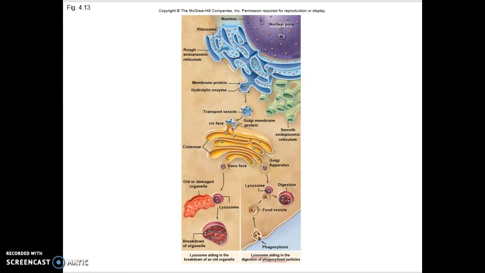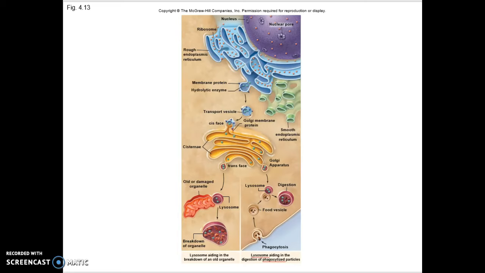So here we are again looking at the overview, but in this scenario, we have something coming into the cell that the cell doesn't like, and the lysosomes take over. They jump into the picture here, and they're attacking and trying to destroy particular products. If it's an old or damaged organelle that needs to be broken down, lysosomes break it down and try to neutralize it or detoxify it.